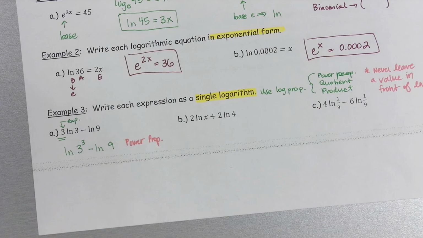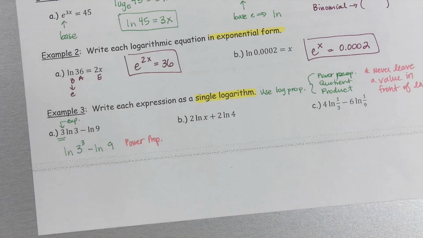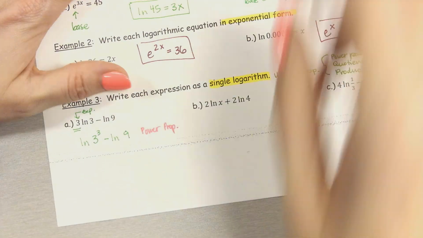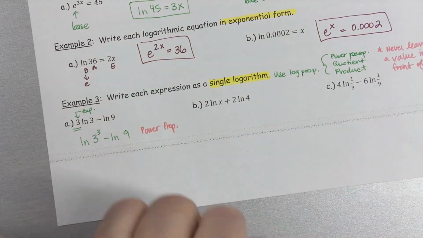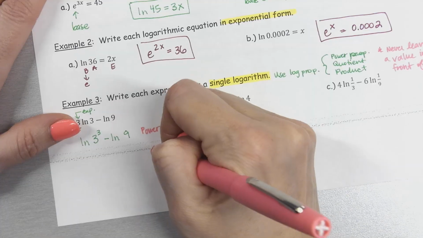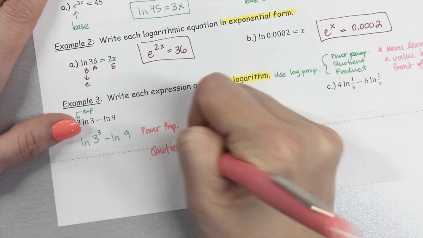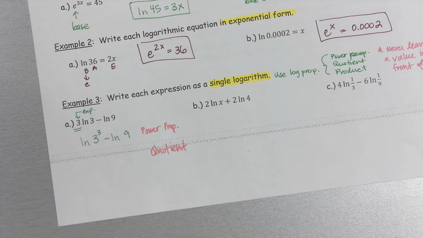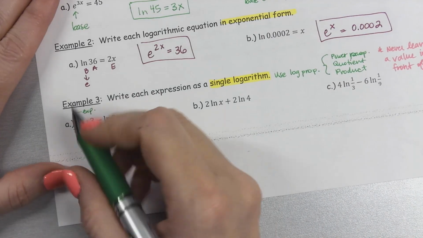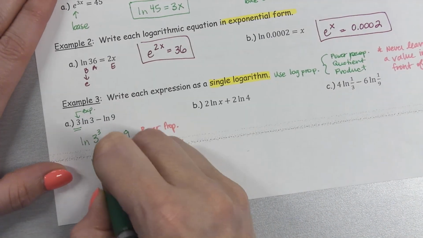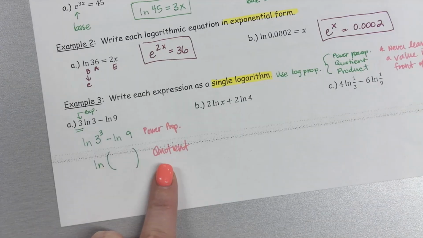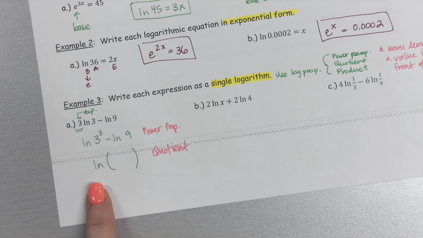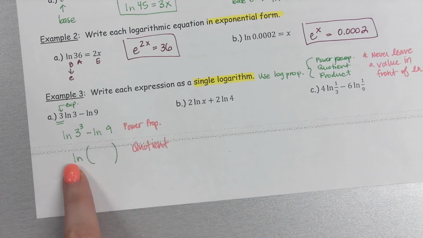If you have the minus, what property are we going to use? The quotient. Yep. Do you guys think you can write out the next step, or do we need some help still? Okay, so we're going to do the natural log. The quotient means now you're going to have a single log, right?